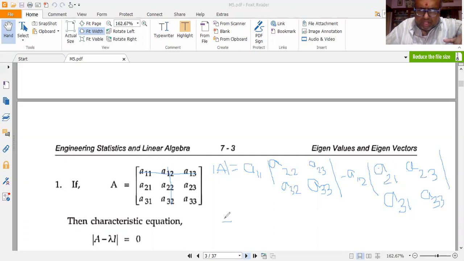Plus. Next, consider the third element of the first row of matrix A. So A13.